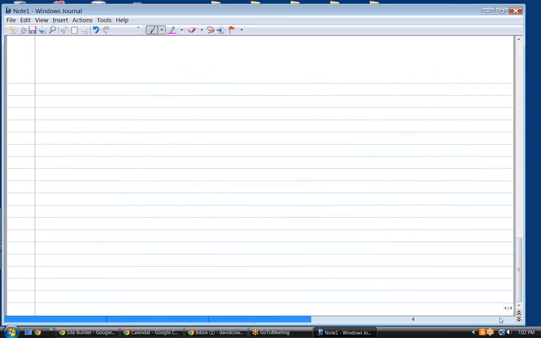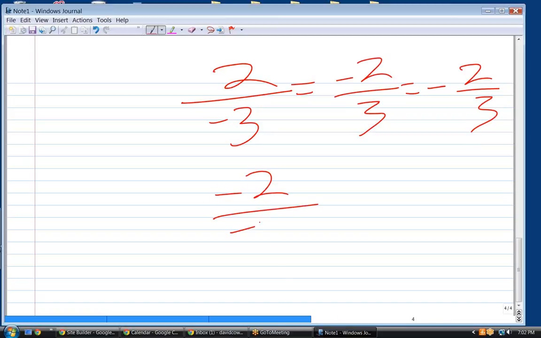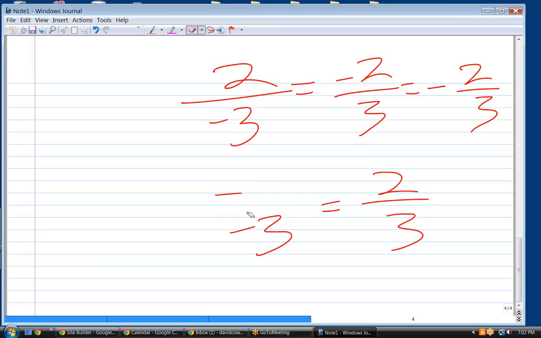The only thing I want to make sure you understand is that this is the same as this, and this is the same as this. A lot of people don't realize that it doesn't matter. If you only have one negative sign, it can be in the denominator, the numerator, or out in front, and it all means the same.